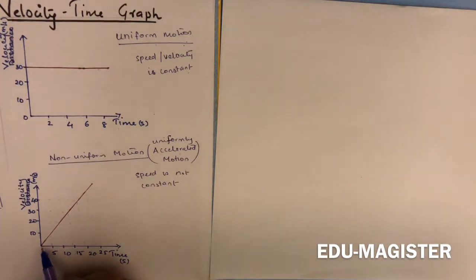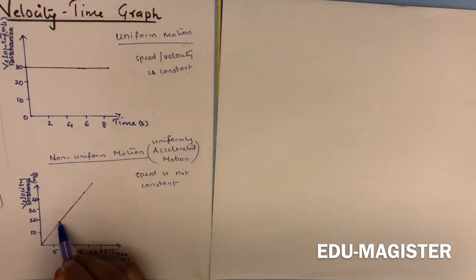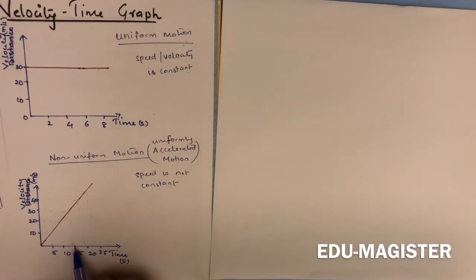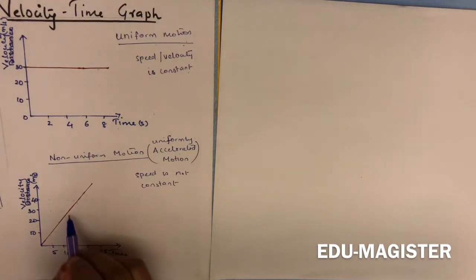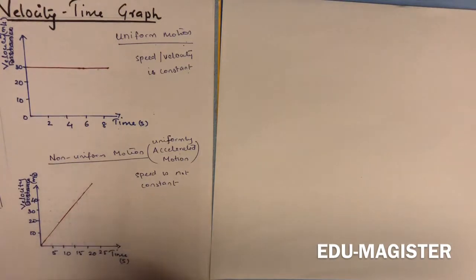Here you can see in the first 5 seconds the velocity was 10 meters per second. Then in the next 5 seconds the velocity has increased to 20 meters per second. In the next 5 seconds, we are talking about each 5 seconds increment. So in each 5 seconds we can see that the velocity is increasing by 10 meters per second. I am talking about this example.